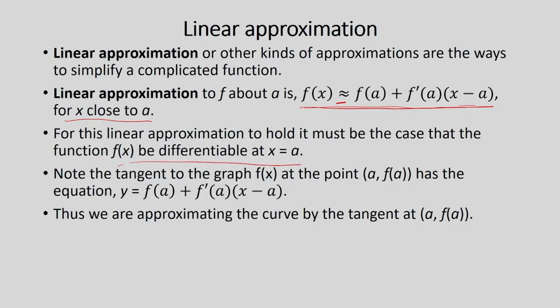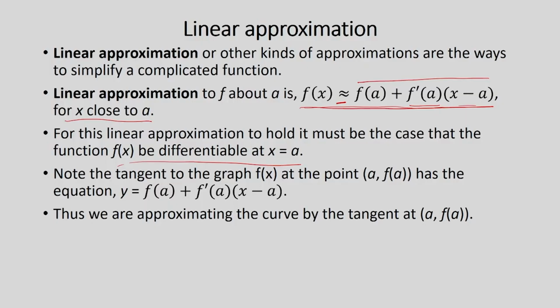So, we must be able to differentiate this function at x equal to a, otherwise you cannot find out f prime of a, and if you cannot find f prime of a, obviously this right hand side cannot be derived. So, therefore, you cannot linearly approximate the function about a.